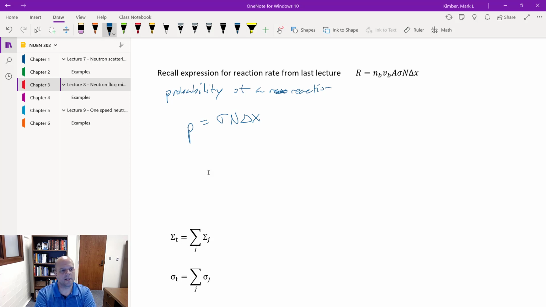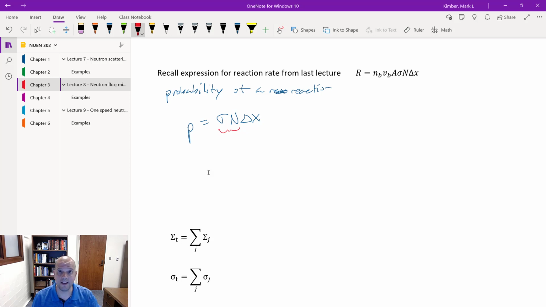And that sigma, the product of sigma and N, so our microscopic cross-section and our atom density, these two are always going to be together. And they're both material properties. In order to find sigma, I need to ask myself, what is the cross-section of this target, of whatever the isotope is?